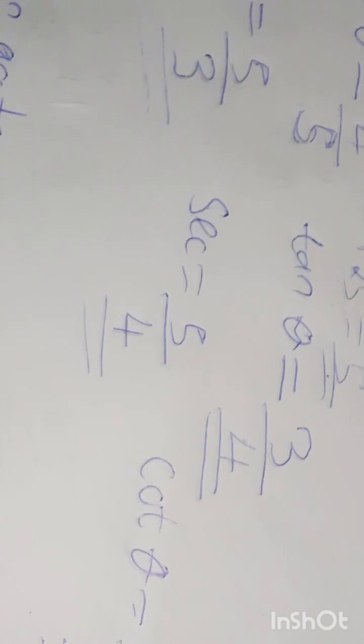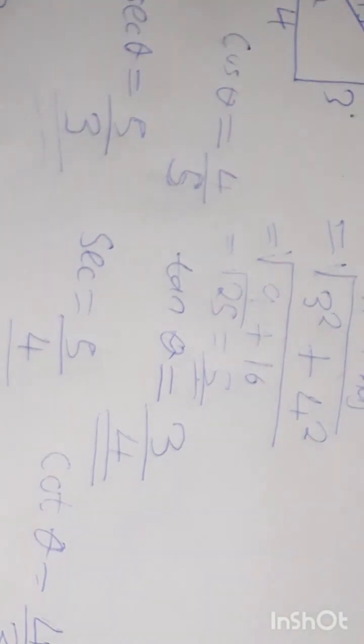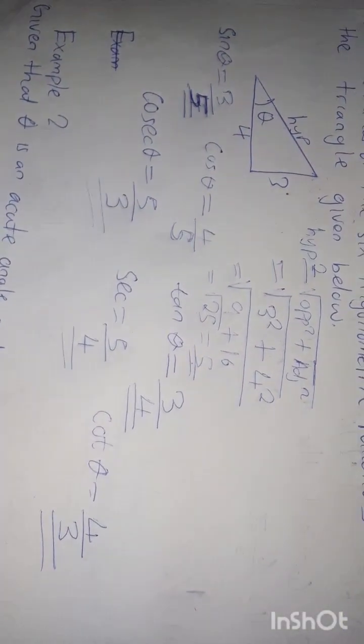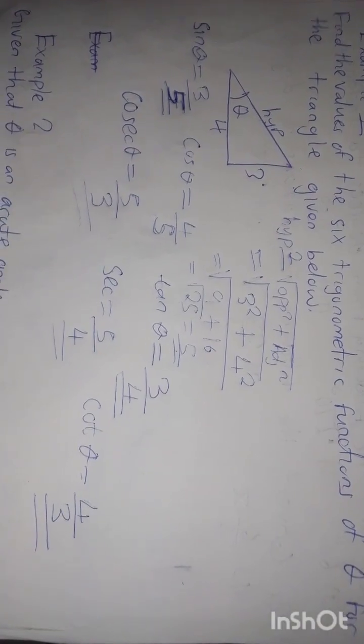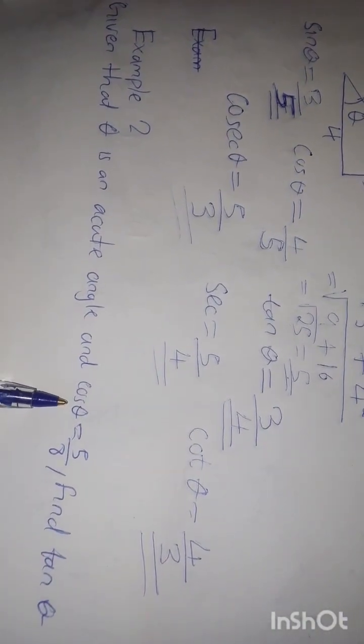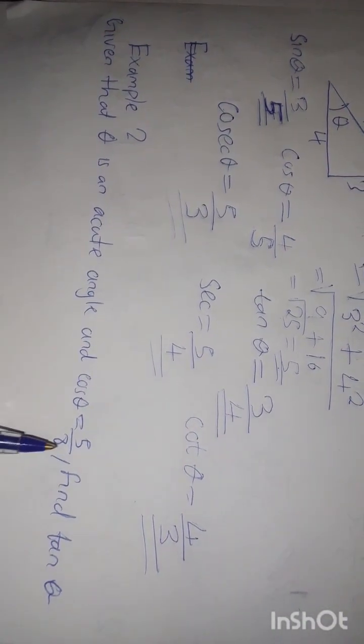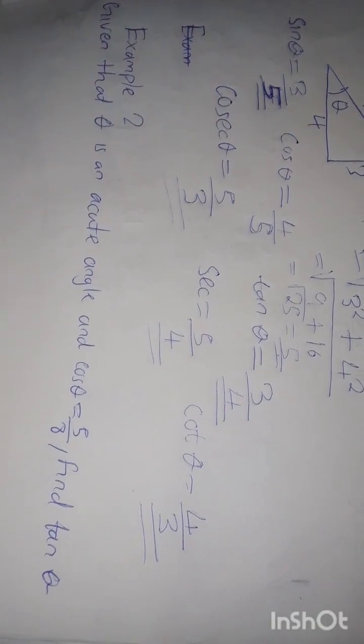From here, it means you are done because you have answered all the 6 trigonometric functions: 1, 2, 3, 4, 5, 6, which are sine, cos, tan, cosec, sec, and cot. Then let's go to our example 2. Example 2 says, given that theta is an acute angle, and cos theta is equal to 5 over 8, find tan theta.